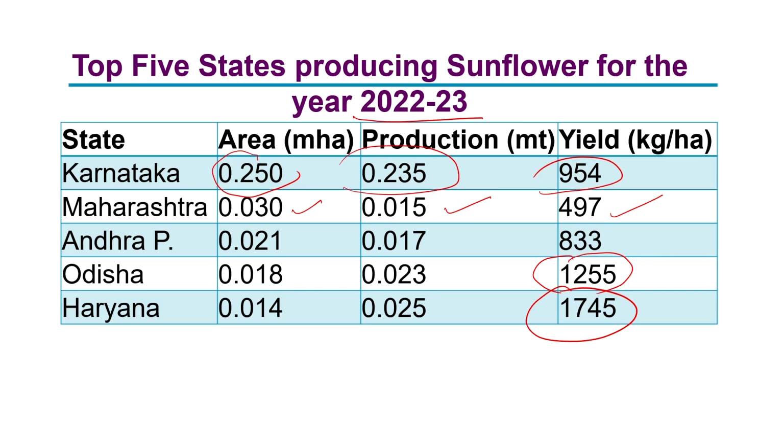So overall, you can see that highest area and production of sunflower in India is in Karnataka, and the highest productivity of this crop is in Haryana, which has 1,745 kilogram per hectare sunflower yield.